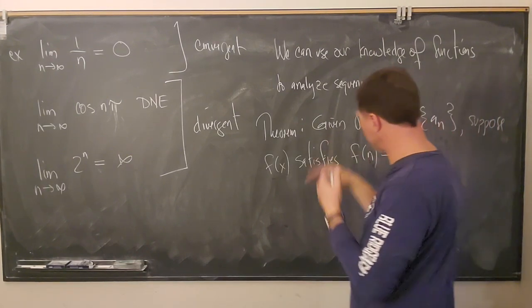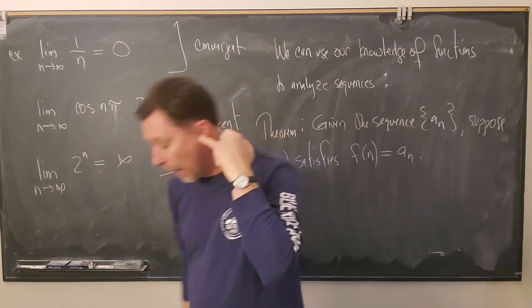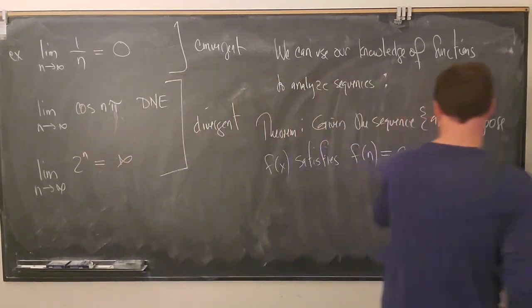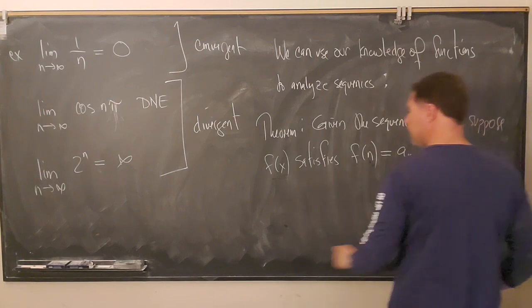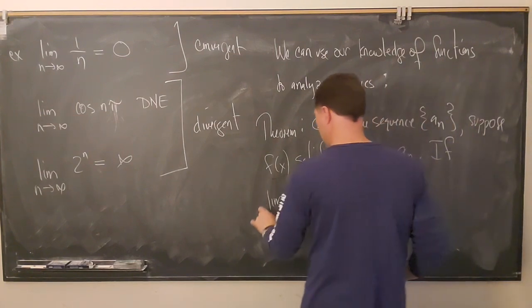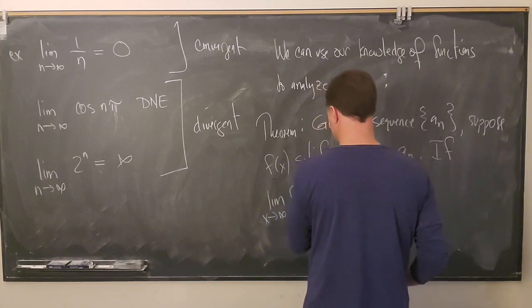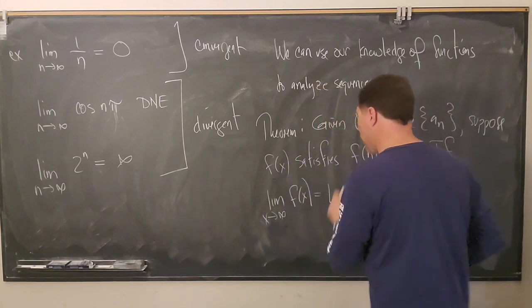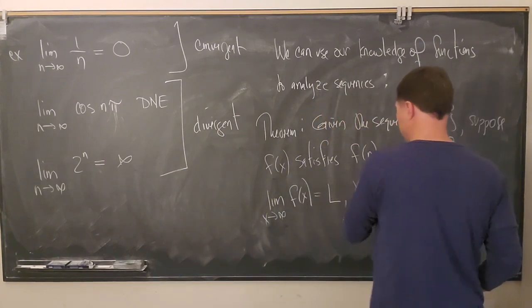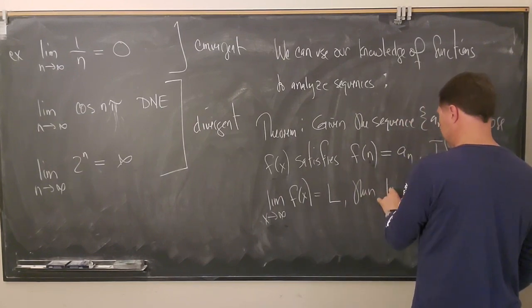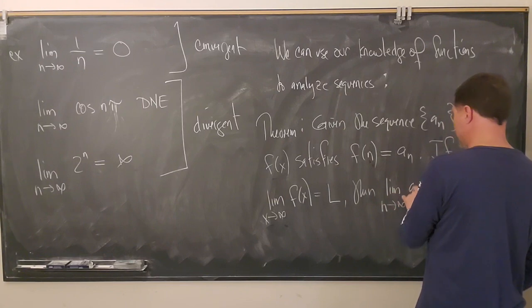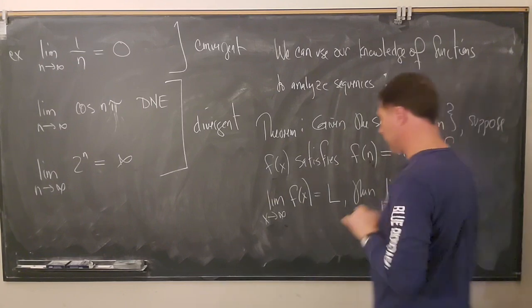Now, if the limit as x goes to infinity of f of x equals some number L, then the limit as n goes to infinity of a sub n is equal to L also.